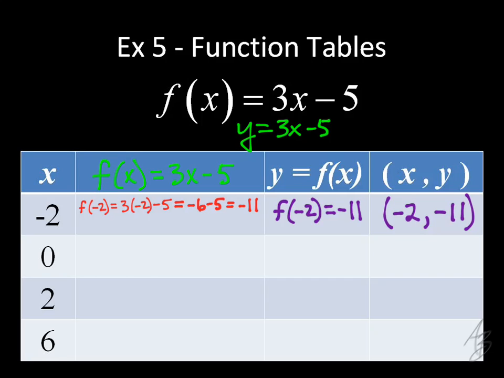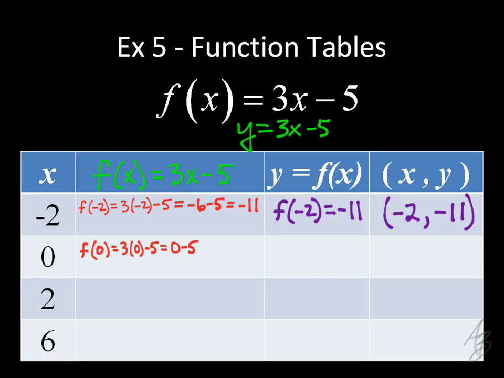All right, so let's do one more together, and then I'll have you finish the other two on your own. For this one, we're replacing x with 0, so we're going to write f of 0 equals, and then we'll put 0 in for x in the equation, so 3 times 0 minus 5. 3 times 0 is 0.